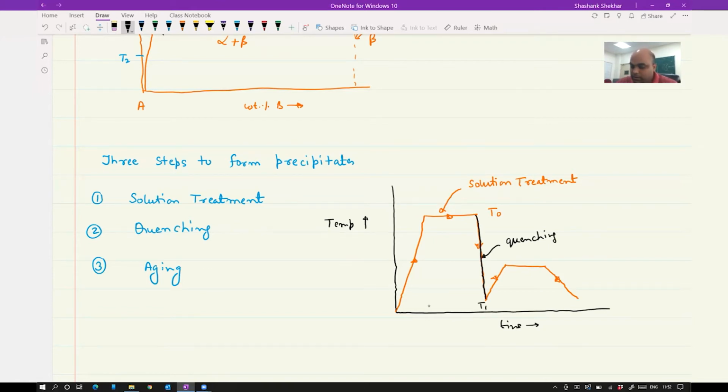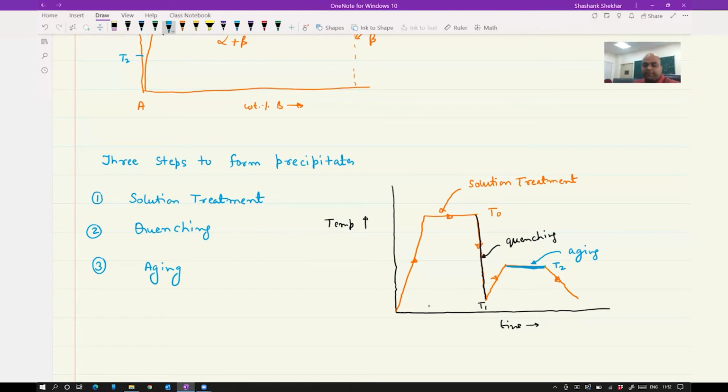Now after quenching, you are again going to take the sample and heat it to a temperature which is much below the solution treatment temperature, say here, to T2. And this process is called aging.